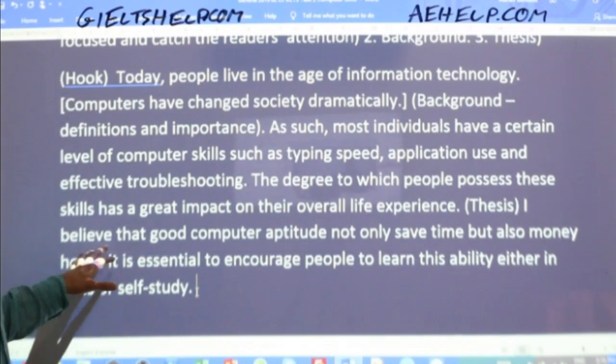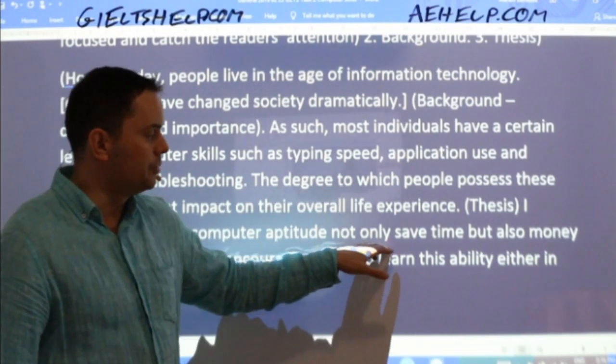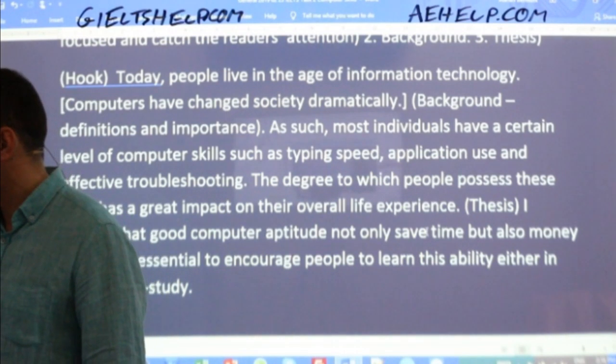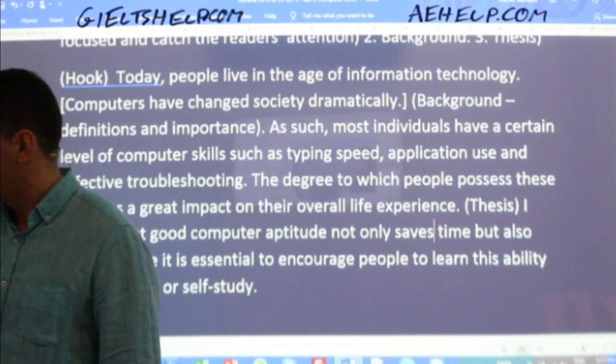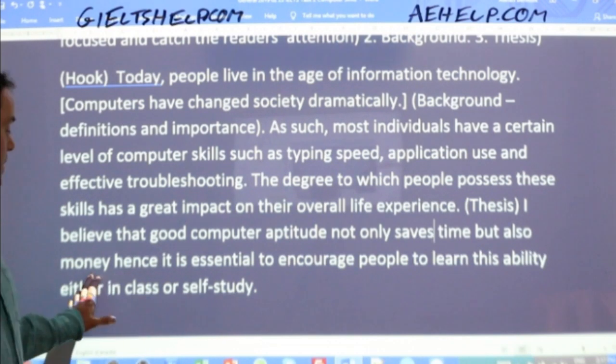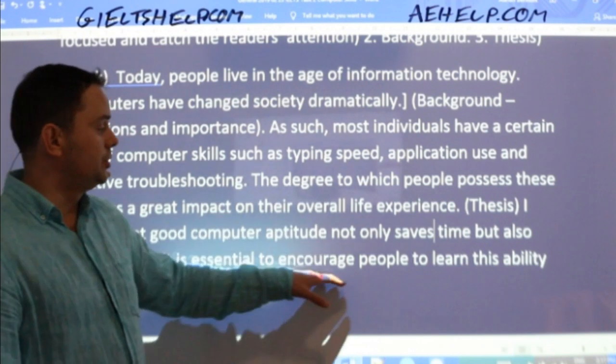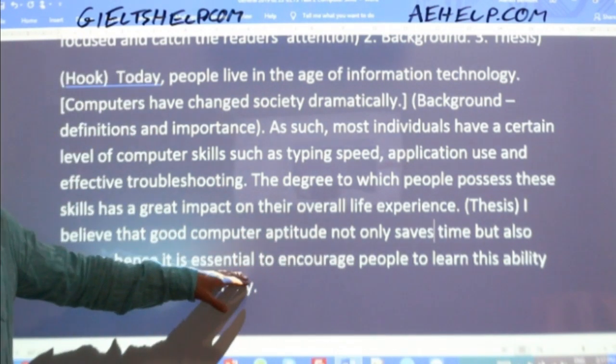So I believe that good computer aptitude not only saves time, but also money, is the independent clause, and hence it is essential to encourage people, that's the dependent clause, okay?